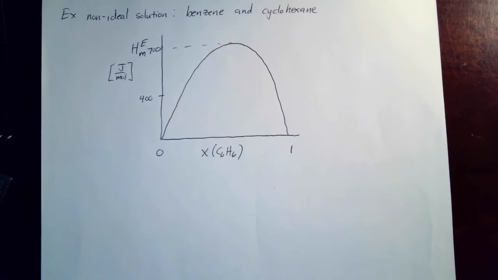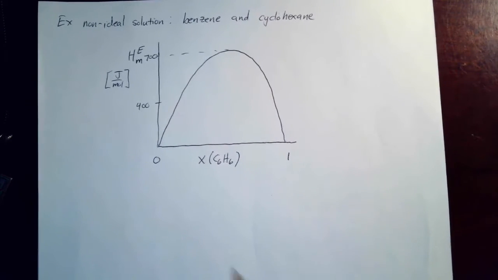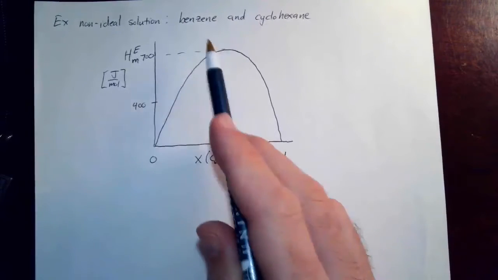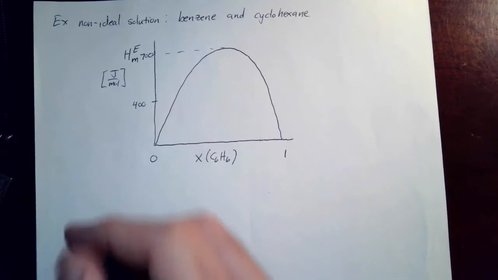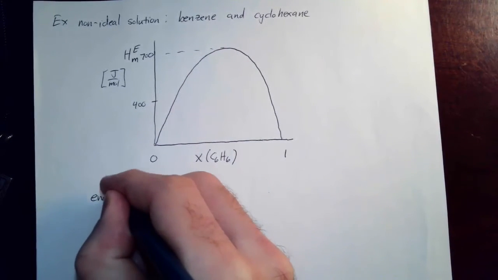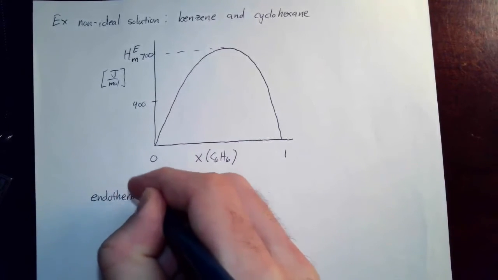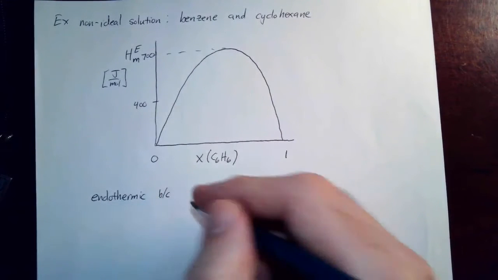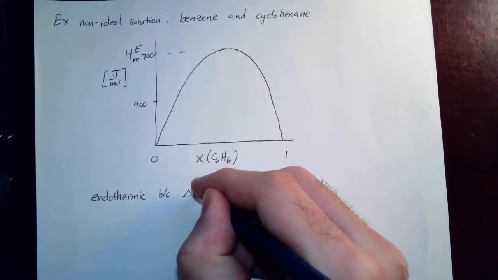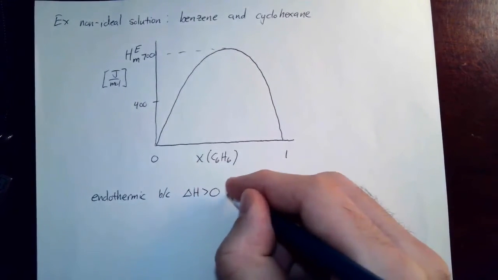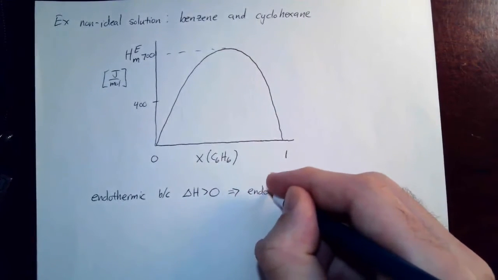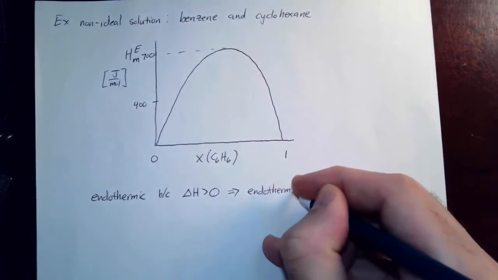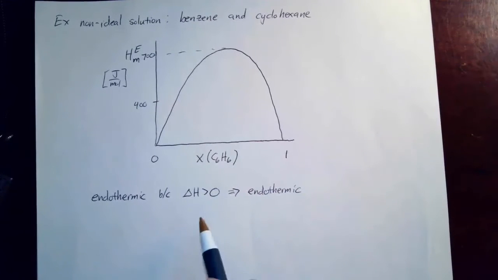First of all, this mixing of these two is endothermic. And why is that? That's because delta H greater than 0 implies endothermic. We talked about that in a previous chapter, and that's the definition of endothermic.